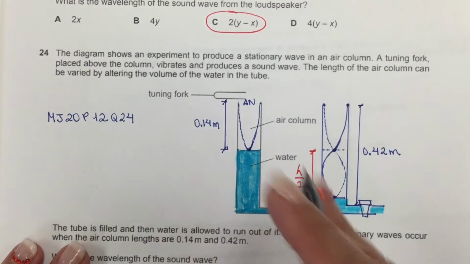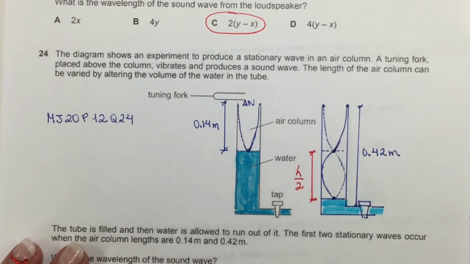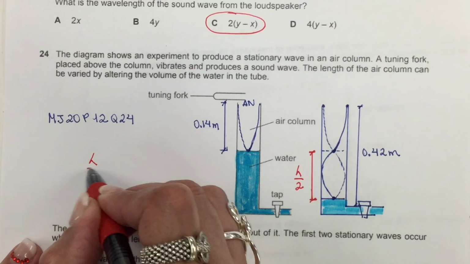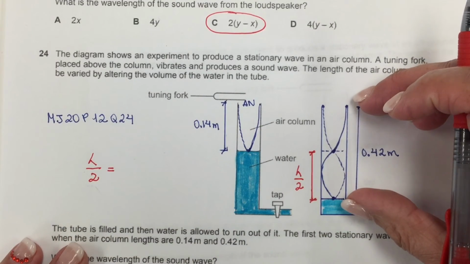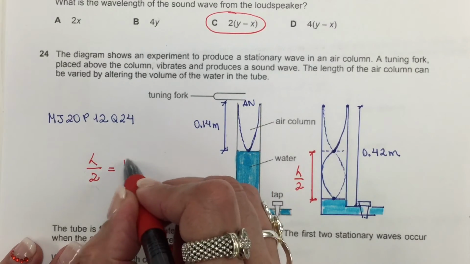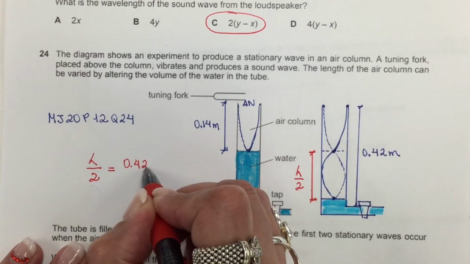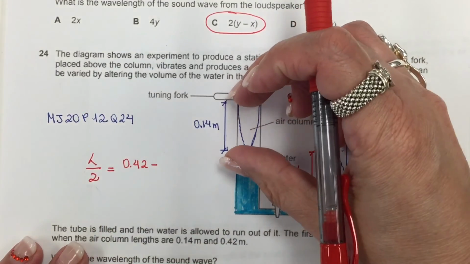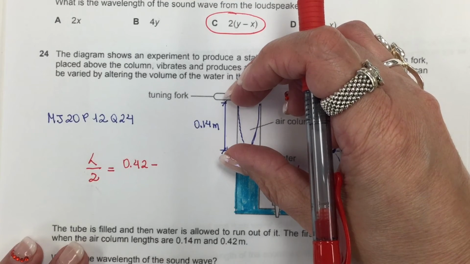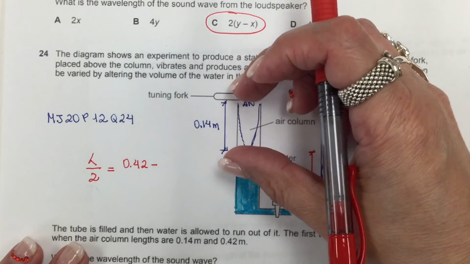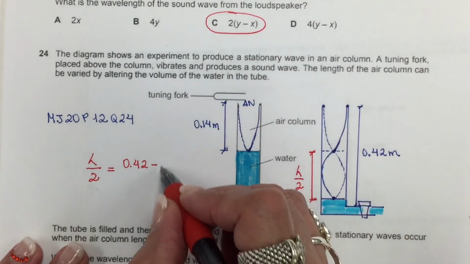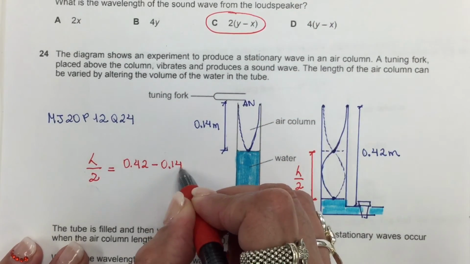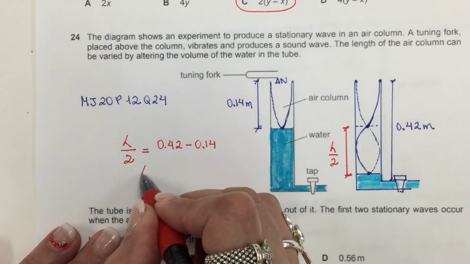And we're having the same approach that we did on the previous problem. Half of a wavelength is equal to the whole length here, which is 0.42 minus the first loudest sound that occurs right here on the quarter of a wavelength. So this is 0.14. Pure algebra.